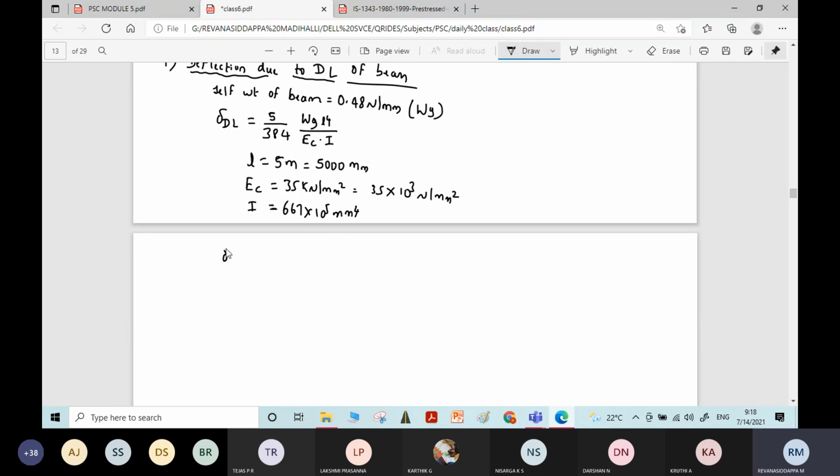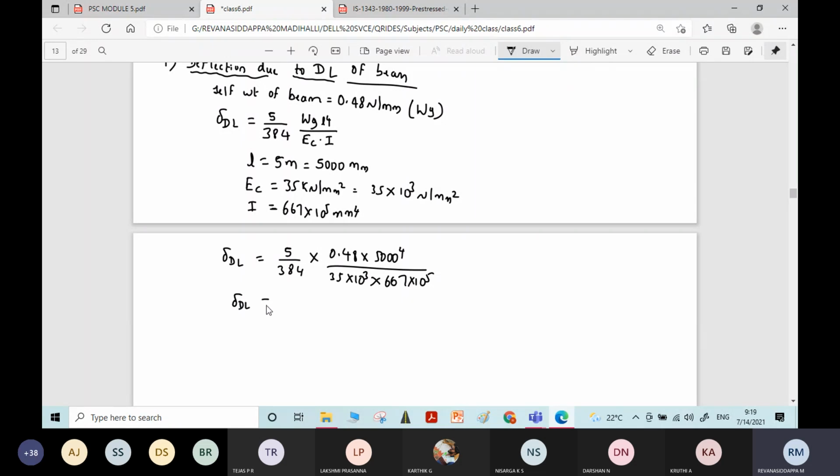Therefore deflection due to dead load is equal to 5 by 384 into Wg 0.48 into 5000 raised to 4 divided by Young's modulus 35 into 10 power 3 into moment of inertia 667 into 10 power 5.